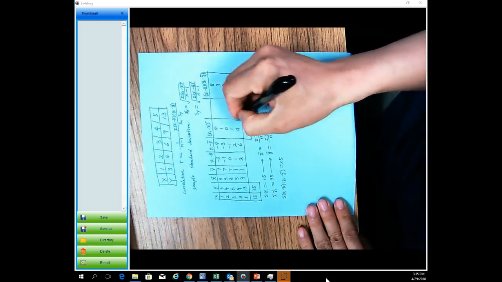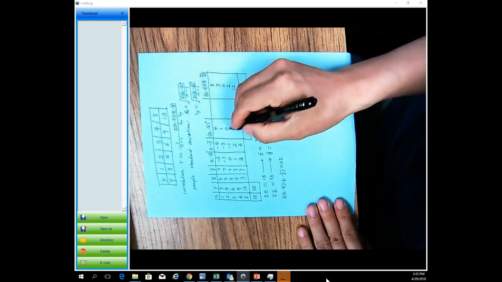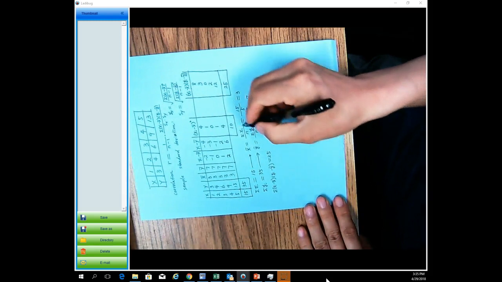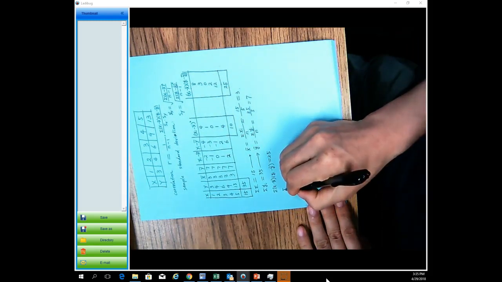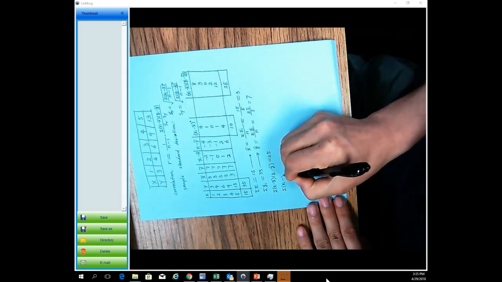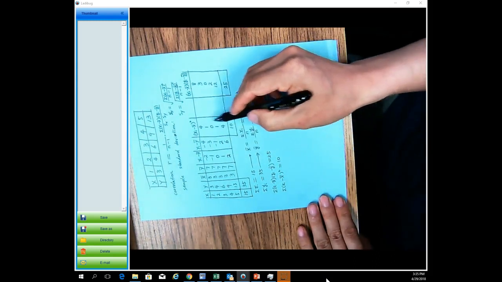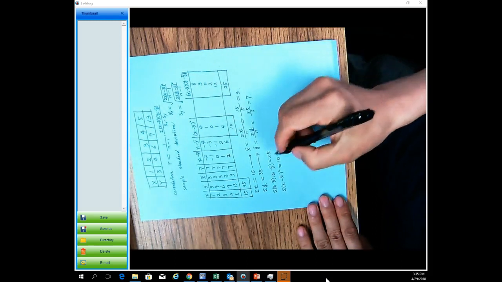So if you get a column total here, 4, 1, 1, 4, and 0, so that adds up to 10. Which means the summation of xi minus x bar squared will equal 10. That's basically from that column, right?